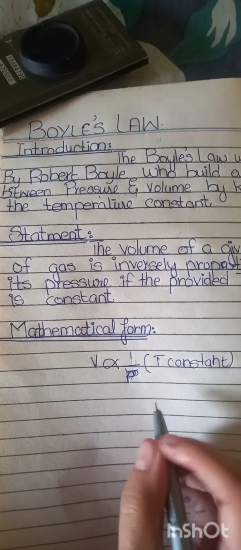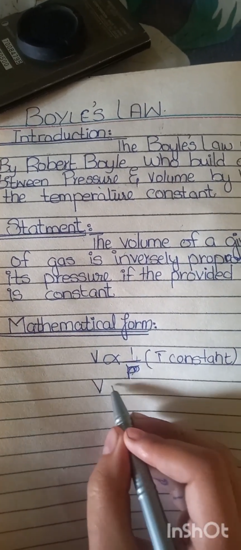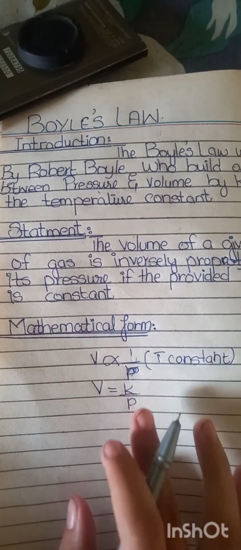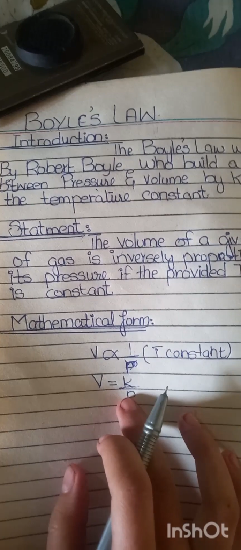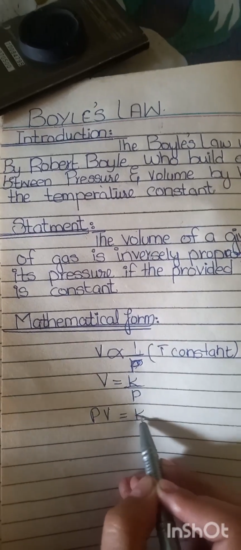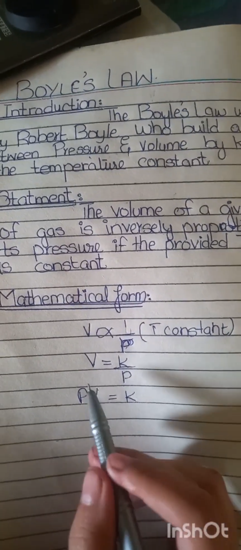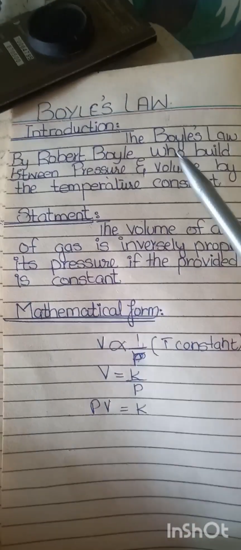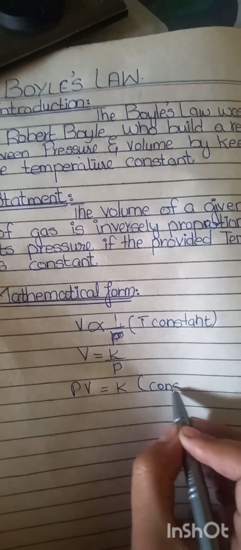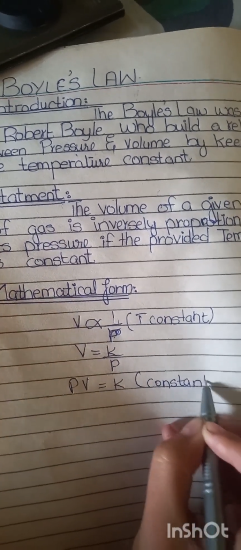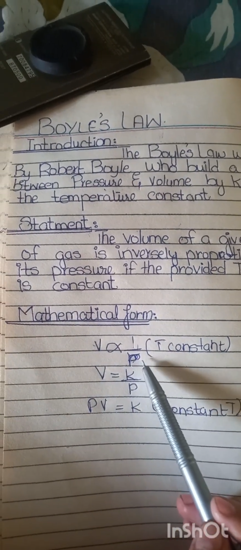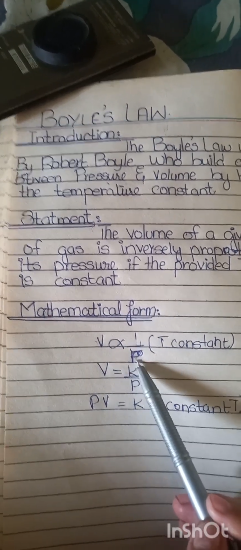The constant can be written as K. So V is equal to K over P. Now, this P is dividing here, so it will go and multiply there. VP equals K. This is another form of writing Boyle's law by keeping the temperature constant. The volume of a given mass of gas is inversely proportional to the pressure.